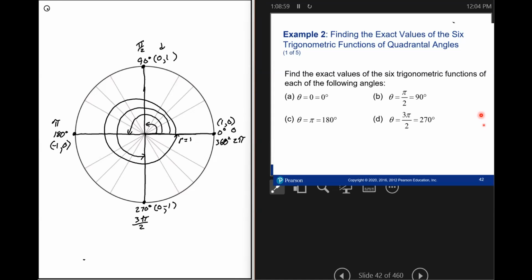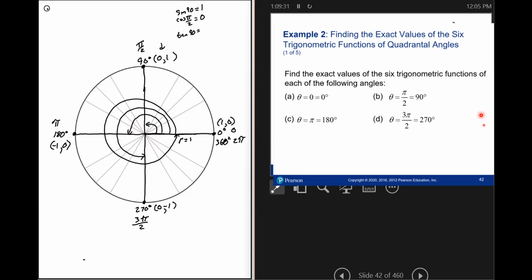At 90 degrees, okay? The sine of 90, or the sine of pi over 2, is 1. The cosine of 90, or pi over 2, is 0. And the tangent of 90 degrees, or pi over 2, is Y over X, 1 over 0.